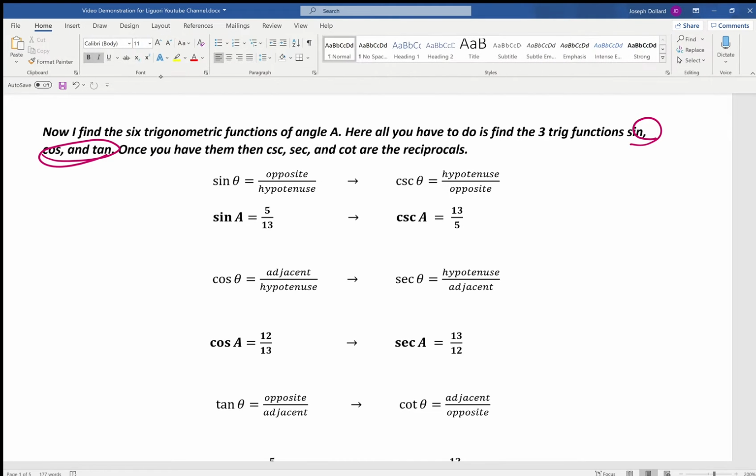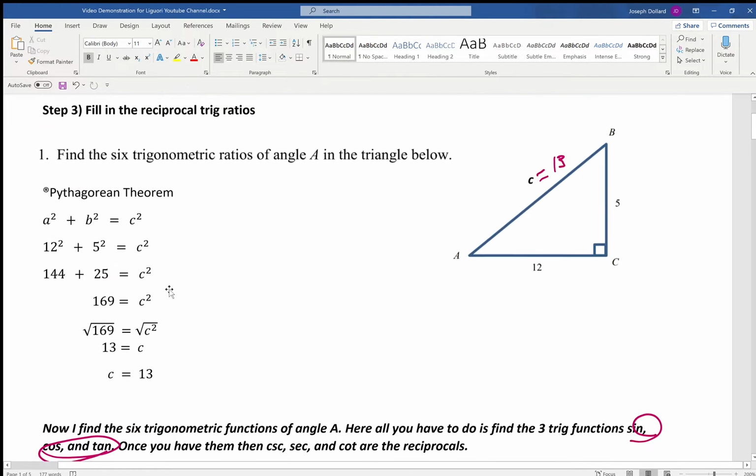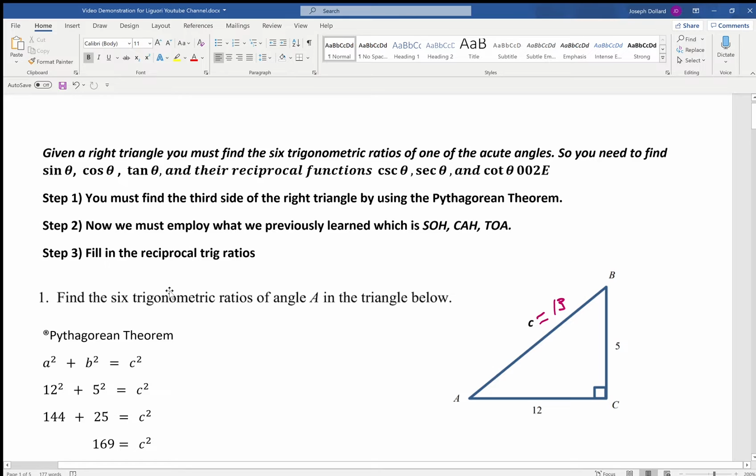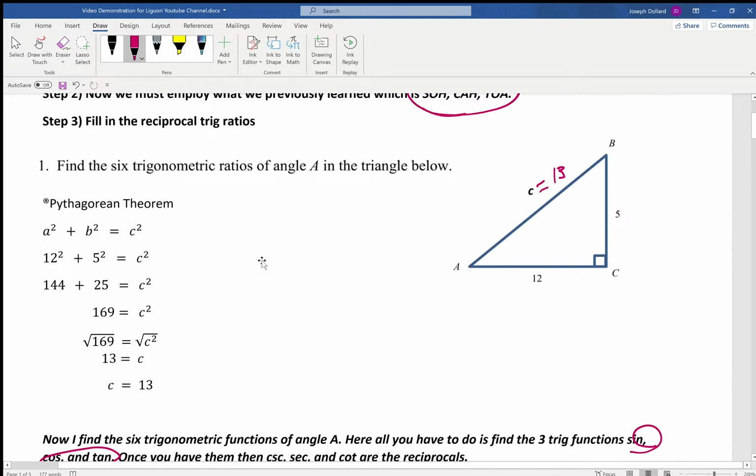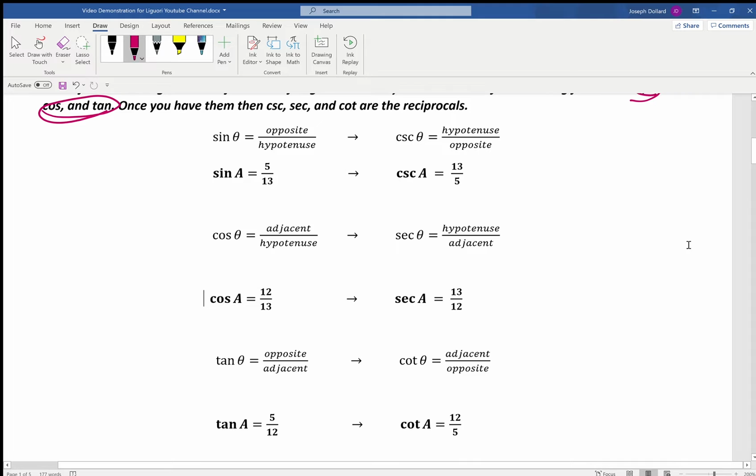All right, so let's go back up here to the top. It all comes back to remembering SOHCAHTOA. We have to remember that, and then from that we can easily do the assignment. If you look down here, we're going to go with SOH first.